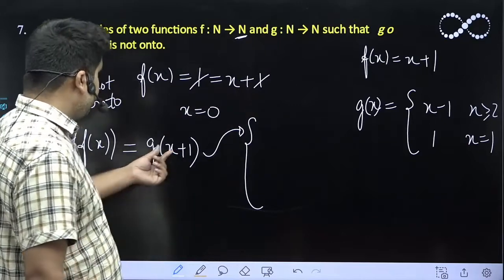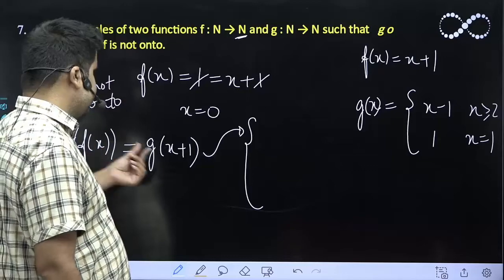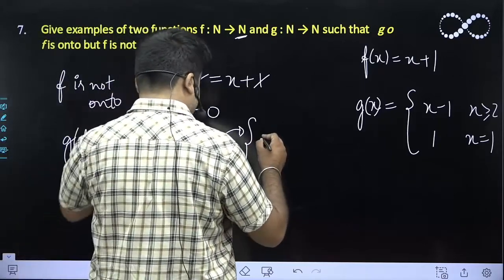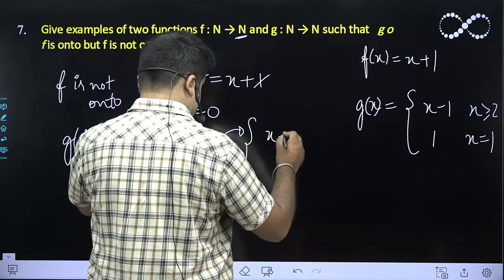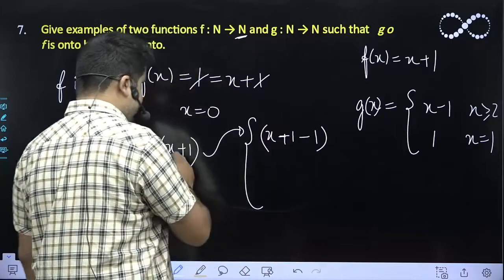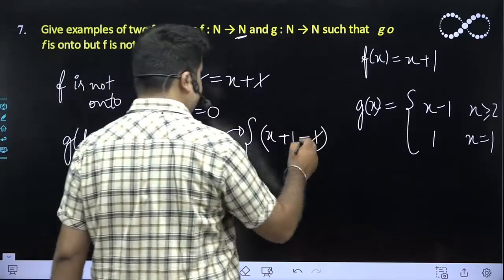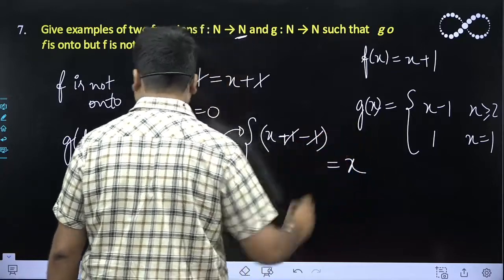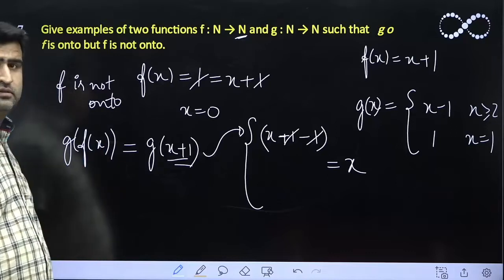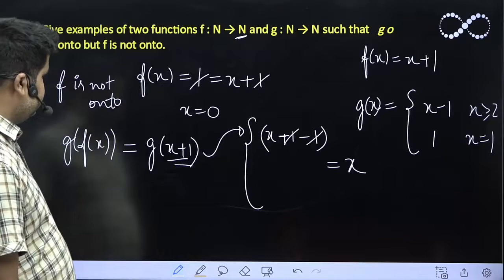Now see, you cannot put x equal to 0 here since f x is there, right? x equal to 0 is not possible. Therefore, you will get only one case in which you get x plus 1 minus 1, since x plus 1 will be greater than or equal to 2. So from here you get this is equal to x, right? Therefore, g of f x will be onto.